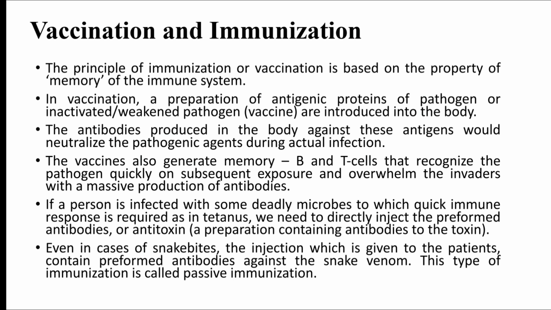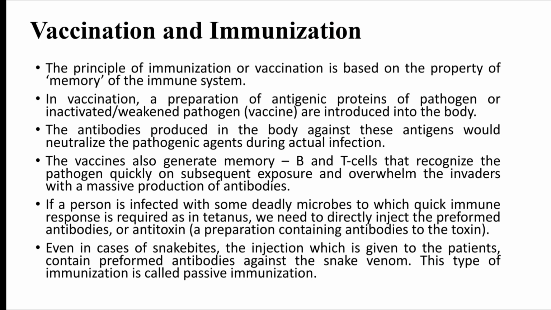The antibodies produced in the body against these antigens would neutralize the pathogenic agents during actual infection. The vaccine also generates memory. It produces B cells and T cells that recognize the pathogen quickly on subsequent exposure and overwhelm the invaders with a massive production of antibodies.